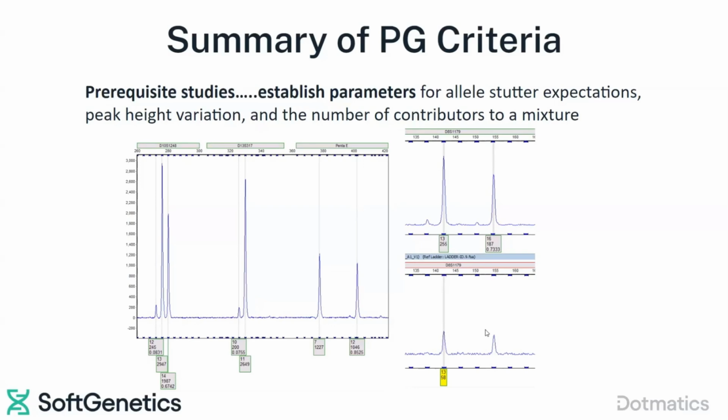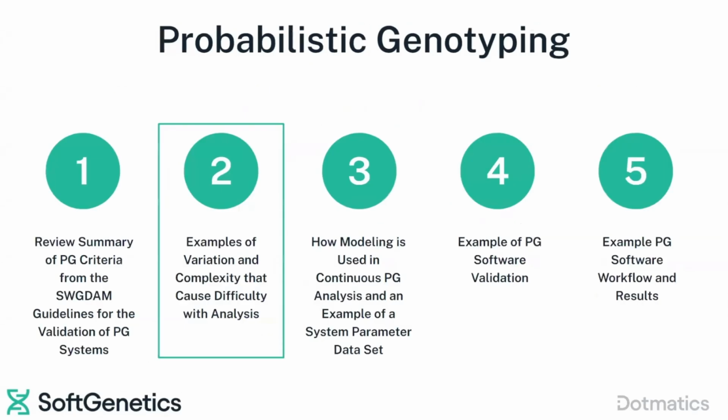Indeed, there is a dropout peak there that's below analytical threshold. So this is an example of some of the information that is obtained and provided to PG software to give it context for evaluating the mixture samples that you provide at a later time.